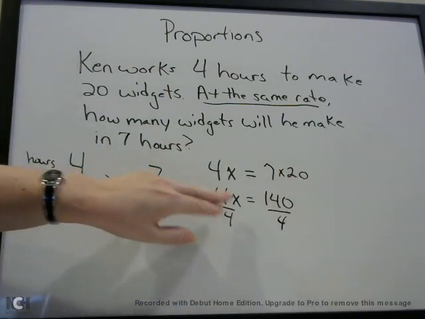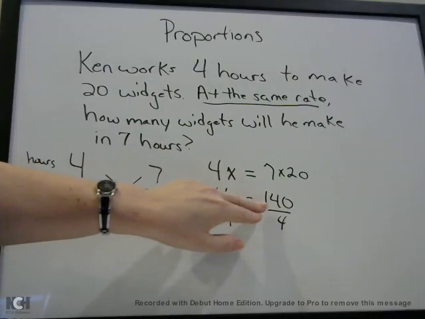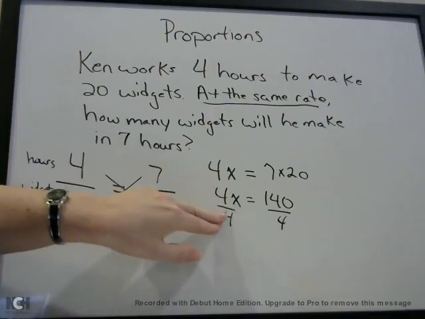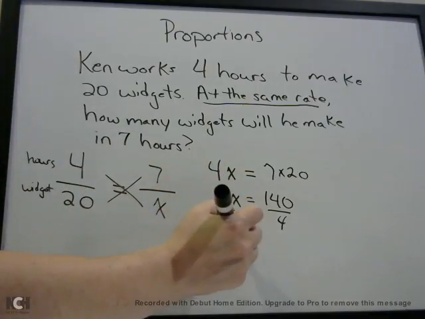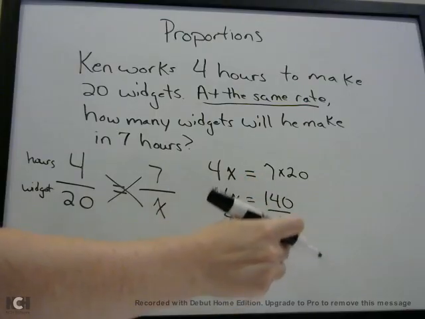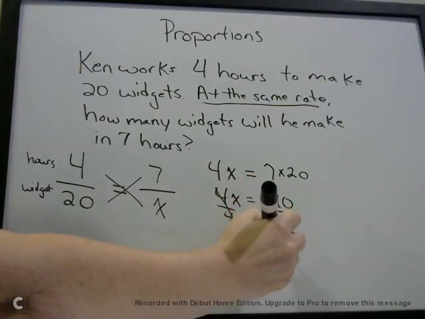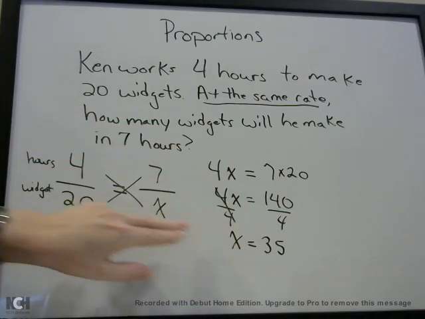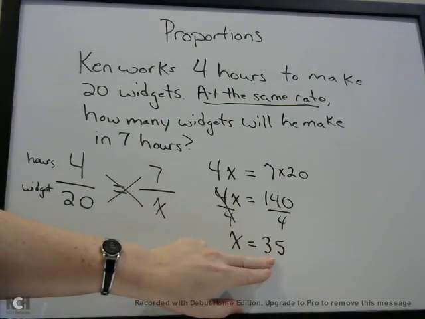So I have 4x divided by 4 equals 140 divided by 4. 4x divided by 4, these two things cancel out. So we have x equals 140 divided by 4. And that is going to be 35. So the number of widgets, or x, is 35.